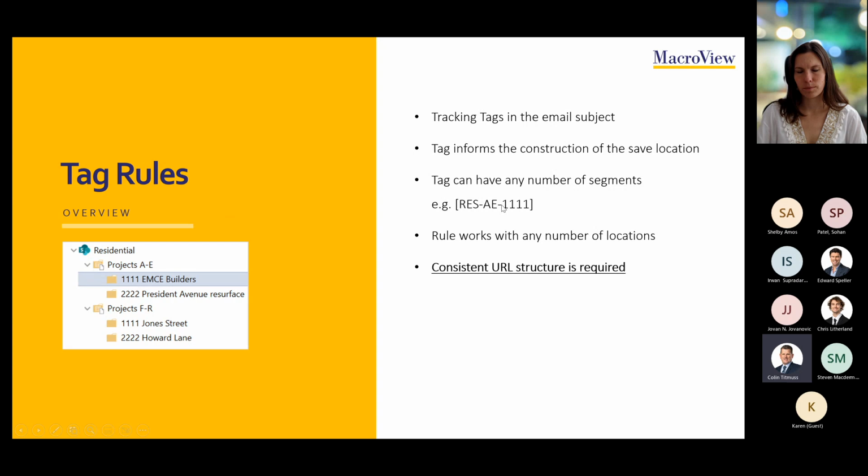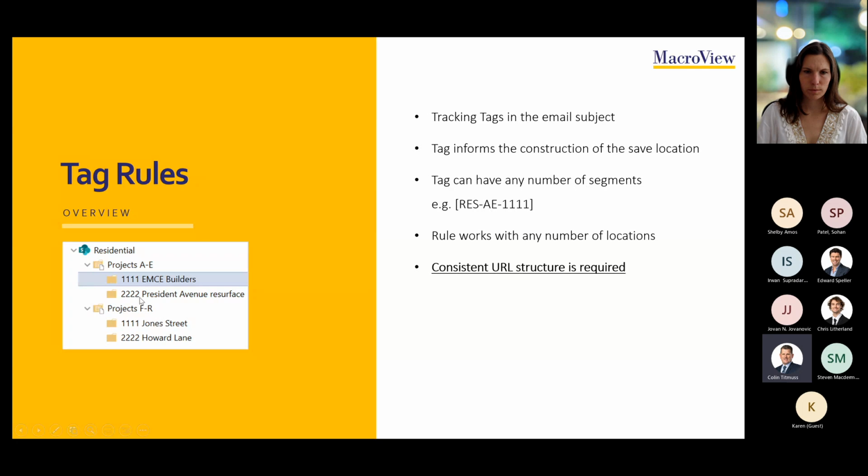Now, if you only had one site collection where rules were going to apply, then obviously you wouldn't need the RES part. That could be just hard coded into your rule. But wherever you want it to be variable, you would have components in the tag. You might want to add another library for S to Z, so you would need to know.